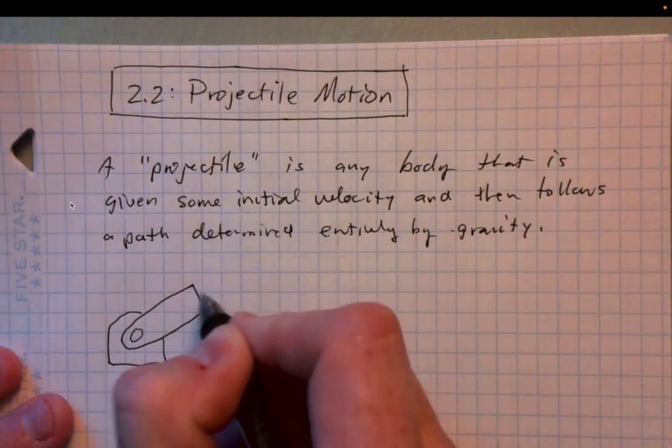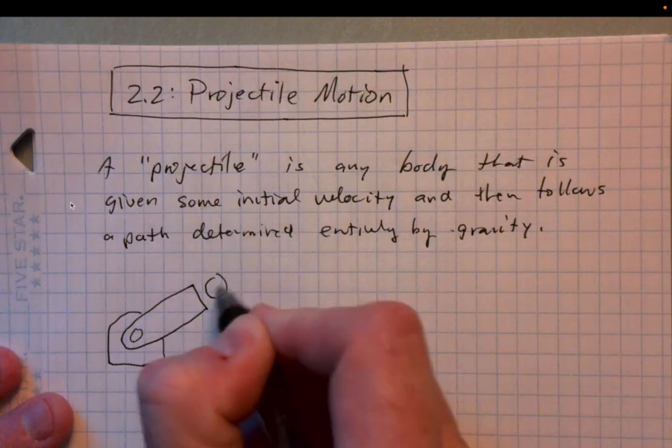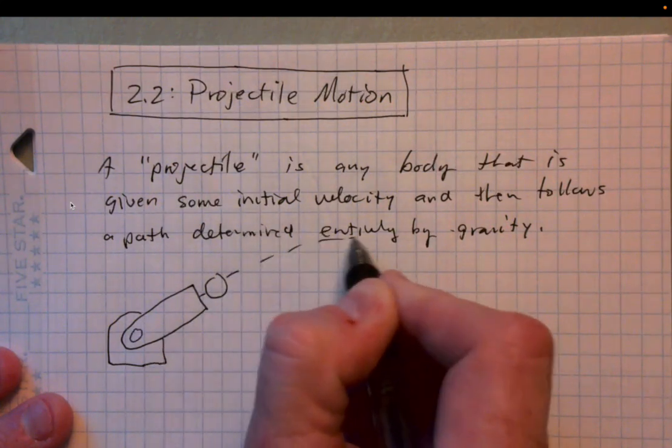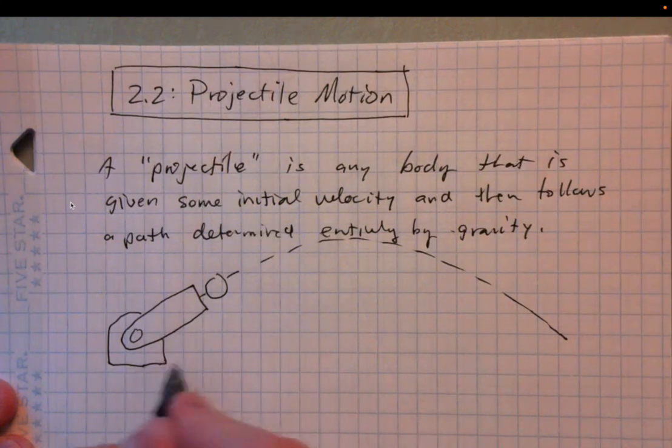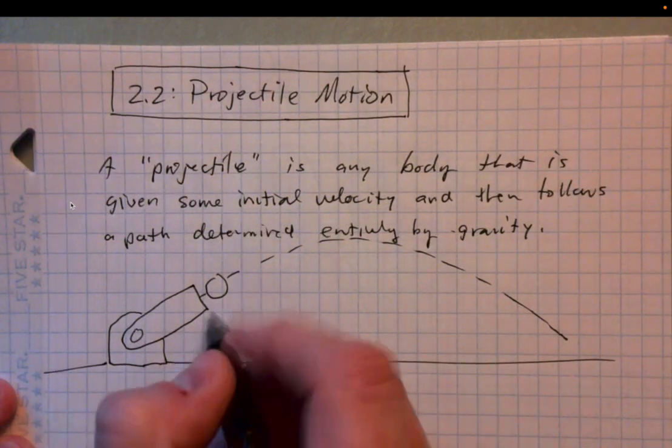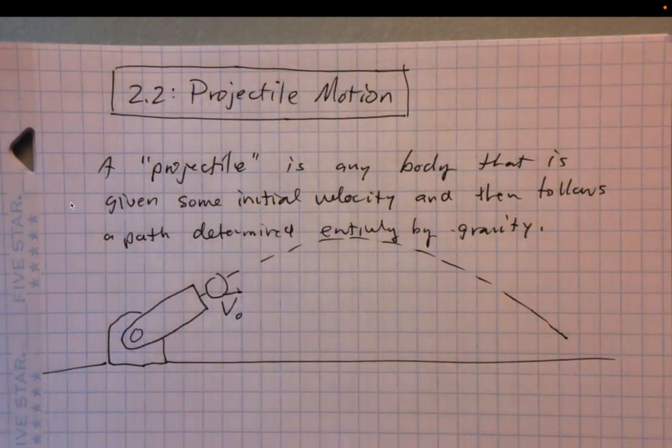So I've got a cannon, and it fires some kind of a cannonball out of it. And so the cannonball is given some initial velocity by the cannon, namely. But once it exits the barrel of the cannon, its path is determined 100% by gravity. And certainly in the case of a cannonball, air resistance is negligible.